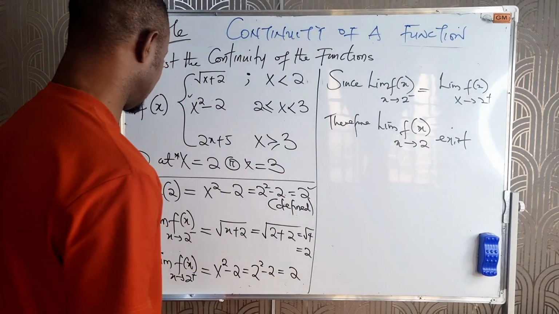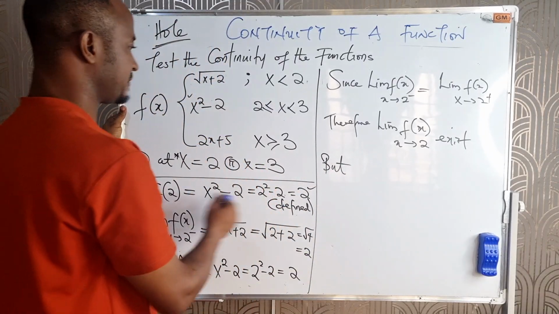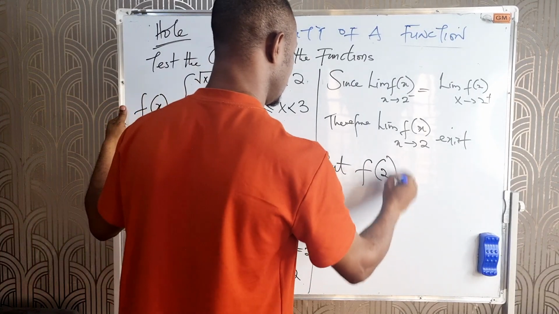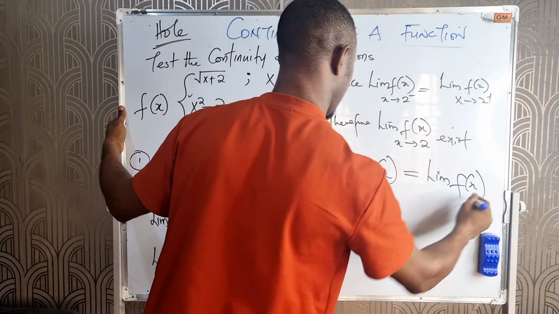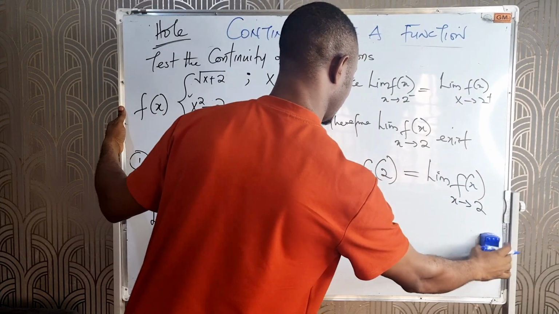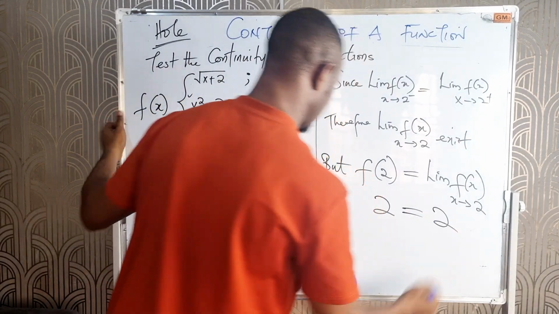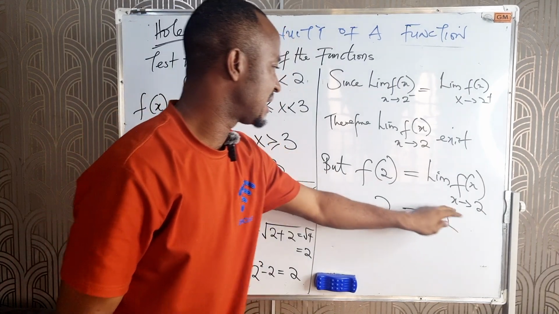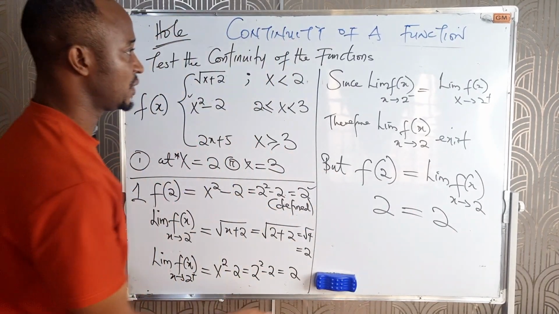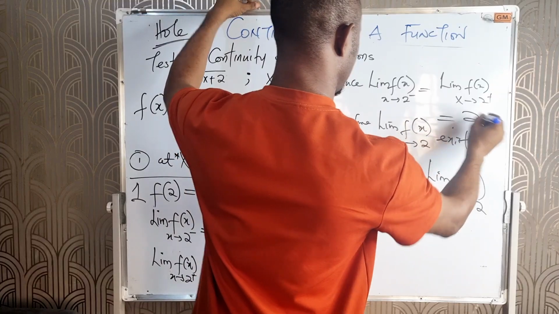The limit exists, but you should note that f of 2 is equals to the limit of f of x as x approaches 2. Our f of 2 is given as 2, and 2 is equals to 2. f of 2 will solve as 2, and the limit of f of x as x approaches 2 is also equals to 2.